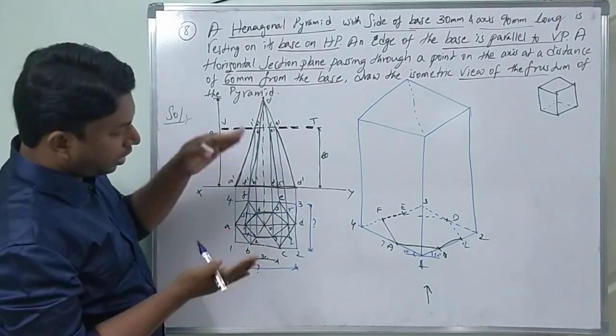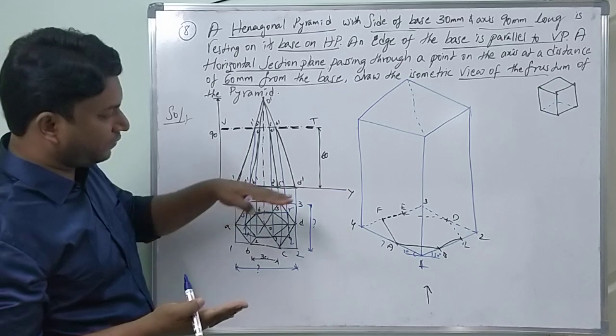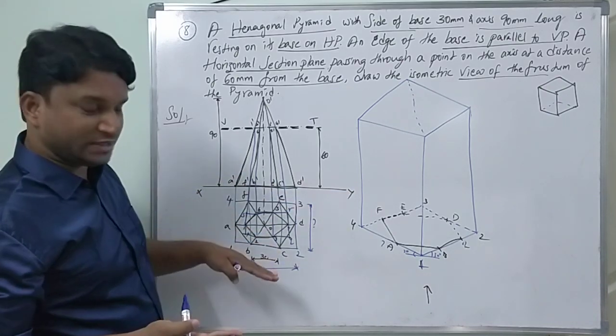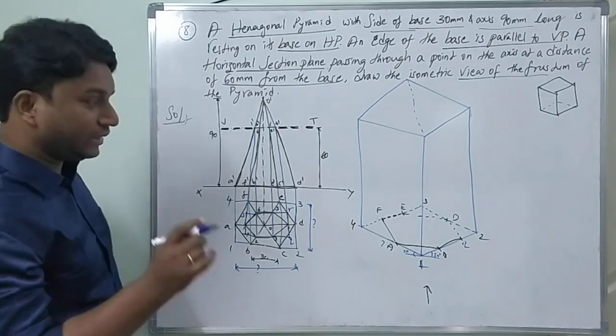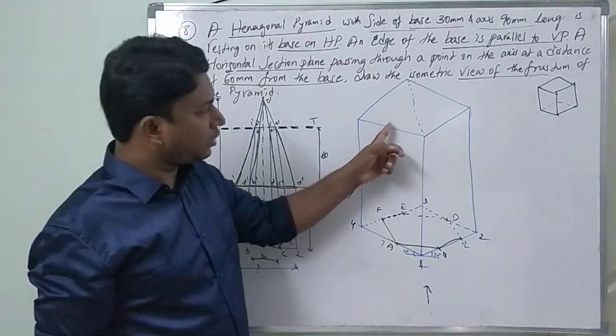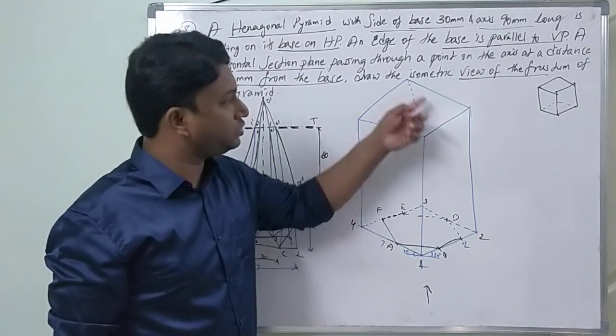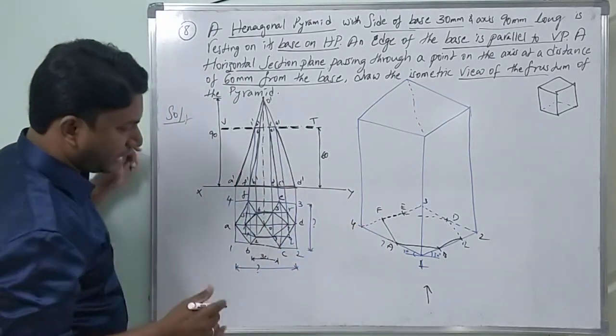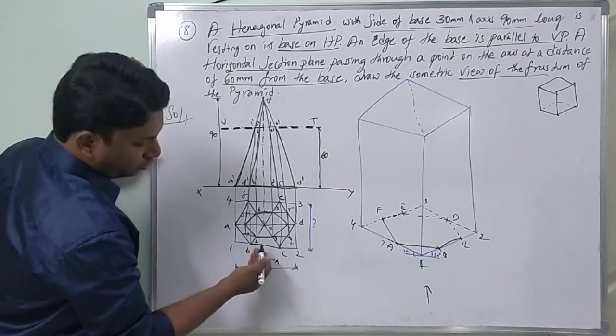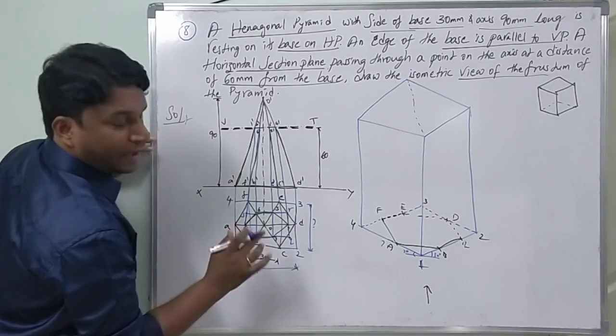Now, what is the difference between the big hexagon and the small hexagon, or outside hexagon and inside hexagon? That difference in dimensions is to be drawn here, and you are supposed to construct a small box. Look here carefully. 1, 2 and PQ are parallel.